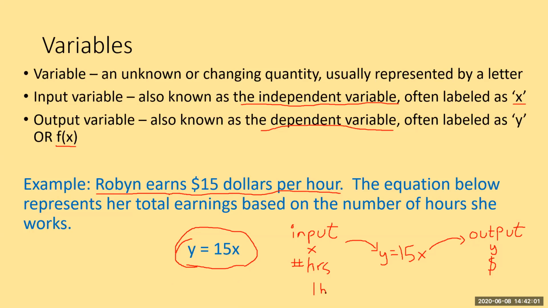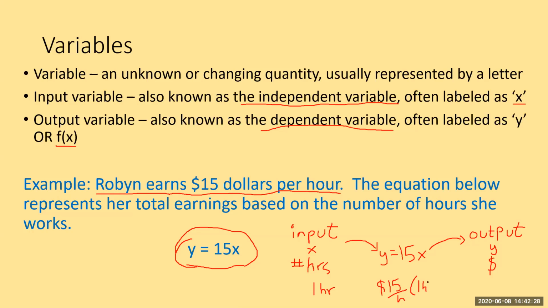Let's say she works for 1 hour. Well, based on our function, based on the relationship between time and earnings, we know that the amount of money she's going to earn is going to be $15 per hour, times the number of hours that she's worked.